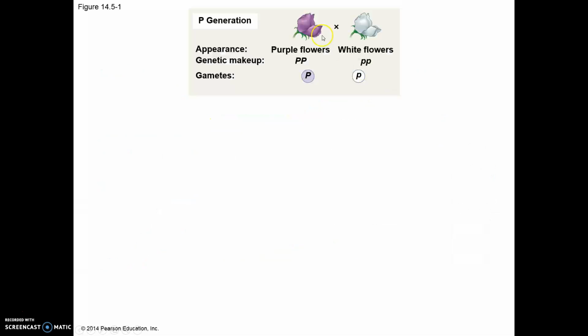So coming back to this idea of purple and white flowers, this purple flower has a genetic makeup of capital P and capital P. It's a true breeding, so it has two alleles that have functional enzymes. The white flower has little p, meaning that it has two copies of the defective enzyme.